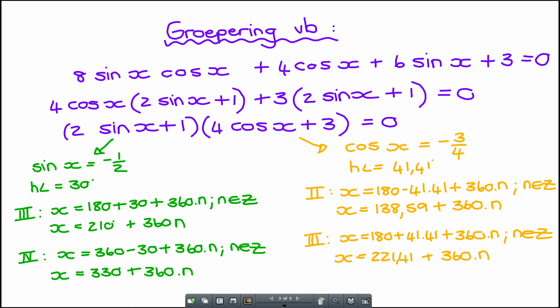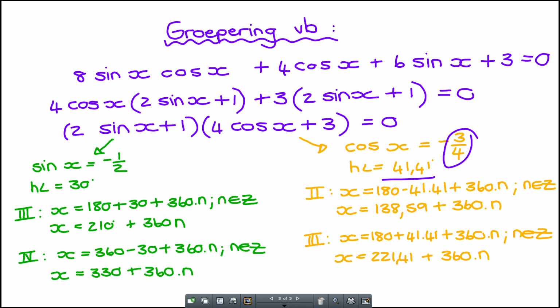Let's quickly look at the yellow. Over here, you first took the 3 over and that became a minus 3, and then we divided by 4. So I end up with cos x is equal to minus 3 over 4. Now remember, that minus only tells me in which quadrant it lies. Cos would be negative in the second and the third quadrant. Now I use the 3 over 4 to get my help angle.